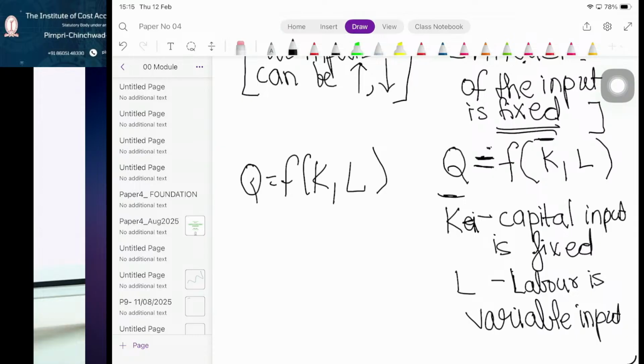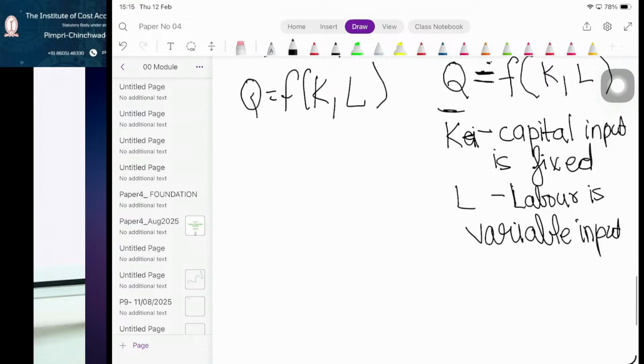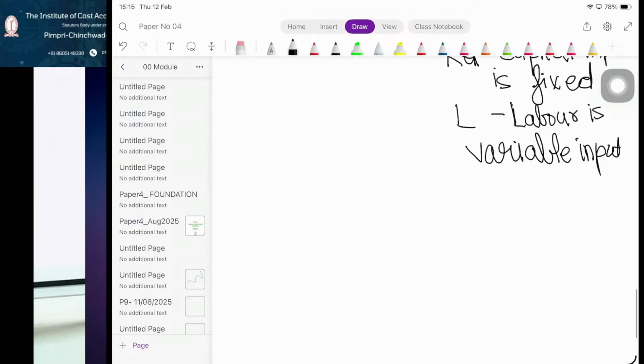Capital can vary as well as labor can vary. So this will be the long run production function. And this, where capital remains fixed and labor is the variable, is called the short run production function.